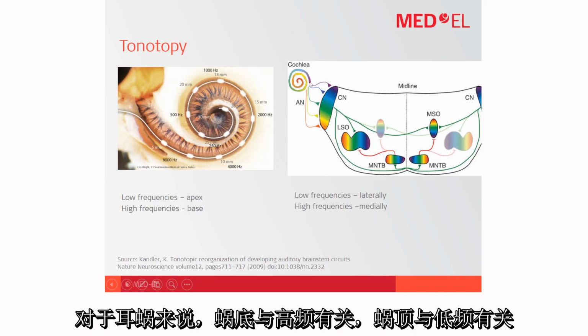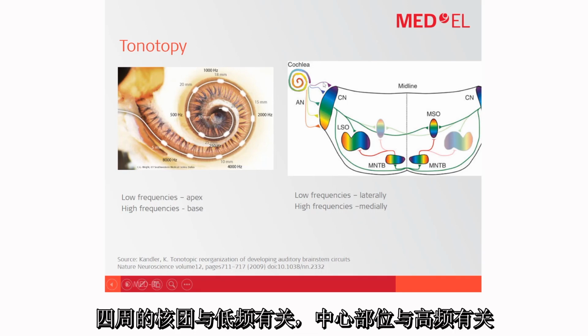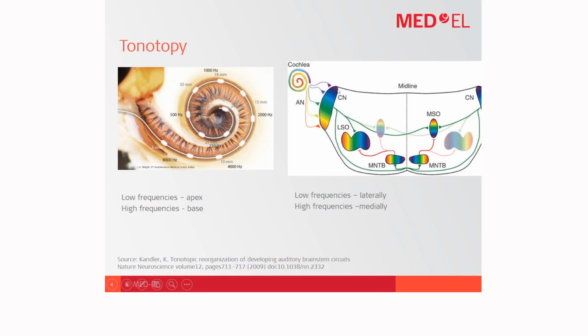So for the cochlea, like we mentioned, higher frequencies are at the base and lower frequencies are at the apex. But what is the equivalent for the cochlear nucleus? Typically for cochlear nucleus, lower frequencies are represented laterally, while higher frequencies are represented medially on the cochlear nucleus.